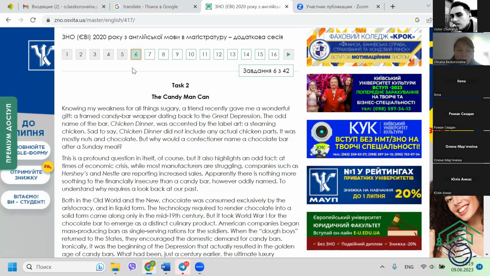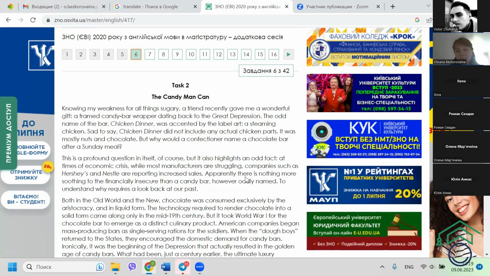This is a profound question in itself, of course, but it also highlights an odd fact: at times of economic crisis, while most manufacturers struggle, companies such as Hershey and Nestle report increased sales.